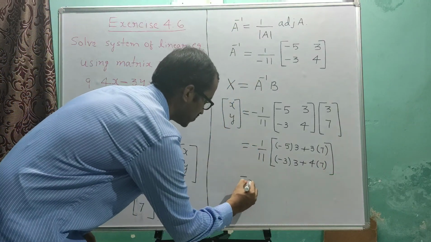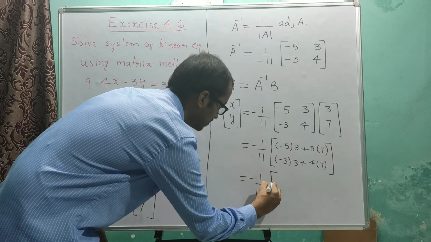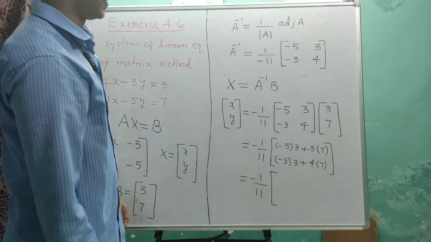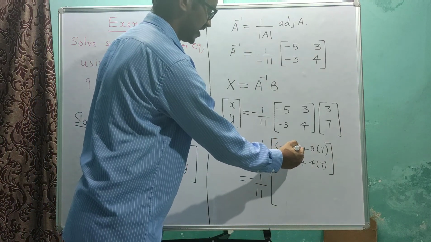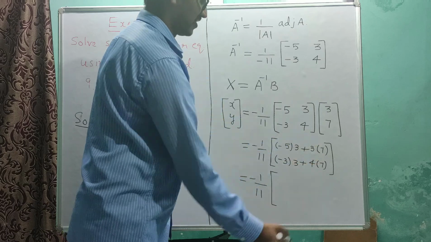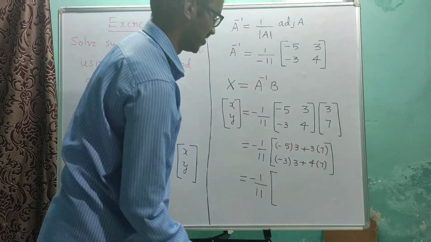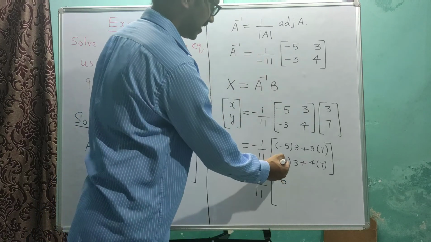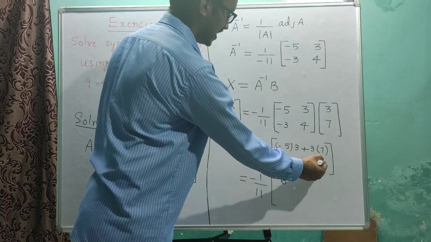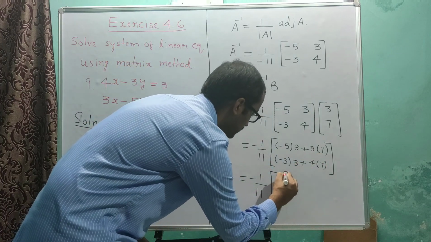So that is equal to minus 1 by 11. If you simplify, minus 5 into 3 becomes minus 15 plus 21, that is 6. Here minus 9 plus 28, that is 19.